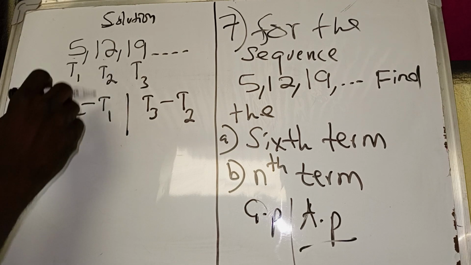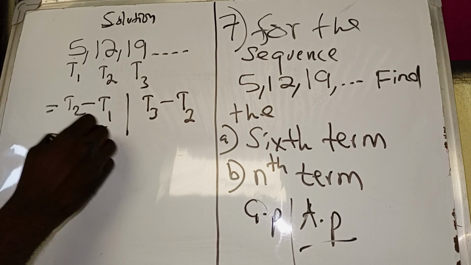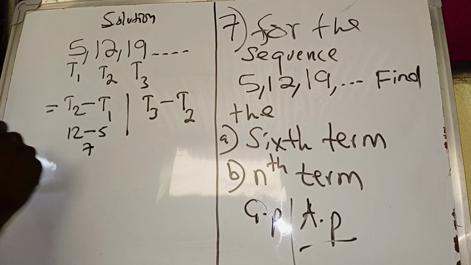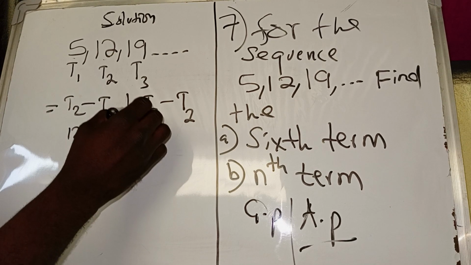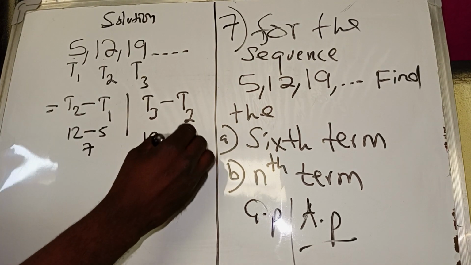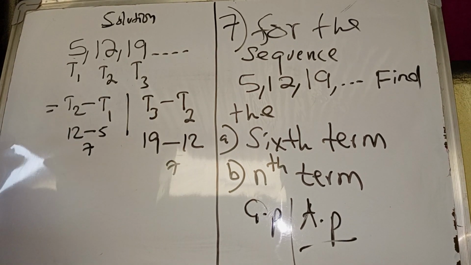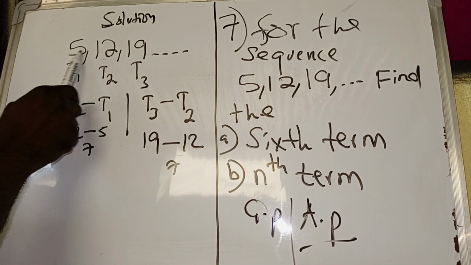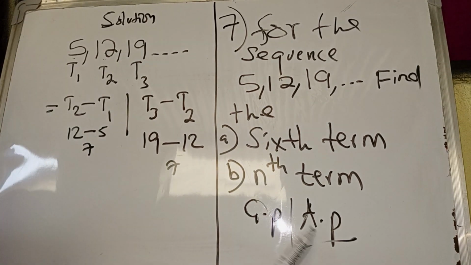T2 is 12 minus T1, which is 5, giving us 7. Also, T3 is 19 minus T2, which is 12, and when you subtract, it's also giving us 7. As you can see, the gap between 5 to 12 and from 12 to 19 is the same. Meaning this kind of sequence is AP, which stands for arithmetic progression.